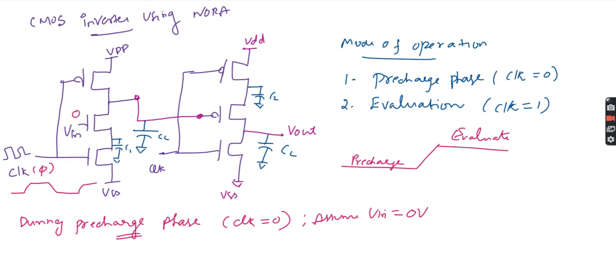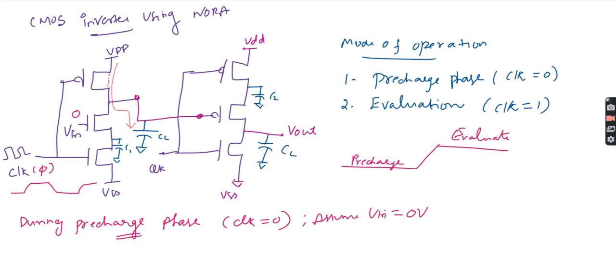Okay. Now when the clock is equal to 0, this PMOS will be on, correct? Then automatically what will happen? There will be a voltage, it will go over there, and the capacitance will be charged completely.